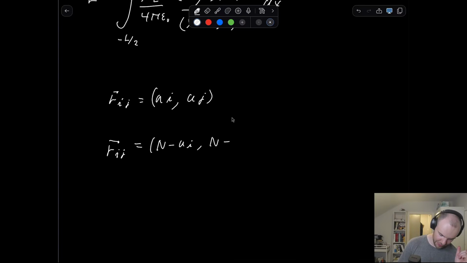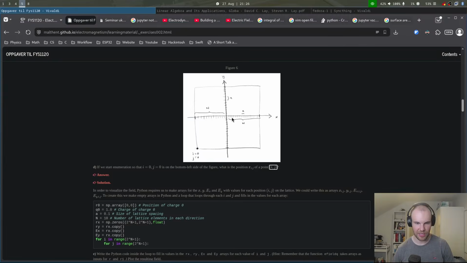Maybe it's the opposite. What am I doing? Is it n minus a? Let's just think. I am at the bottom, right? What is the position r of some point?